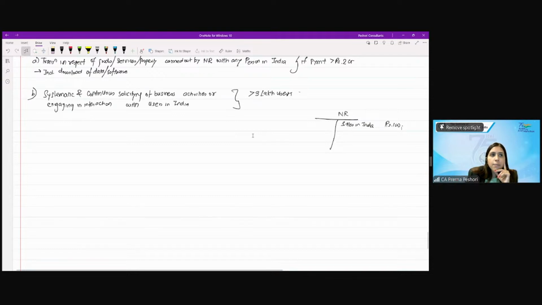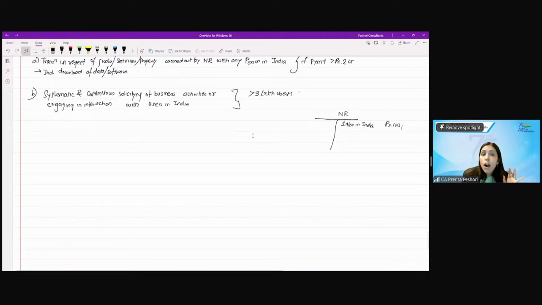No, Kirti, why? But this is arising out of business connection in India. Why are you not taxing the entire 100? Think about it. See, 100 is the sales figure. What does the section start with?